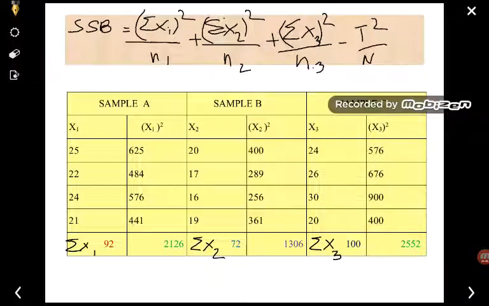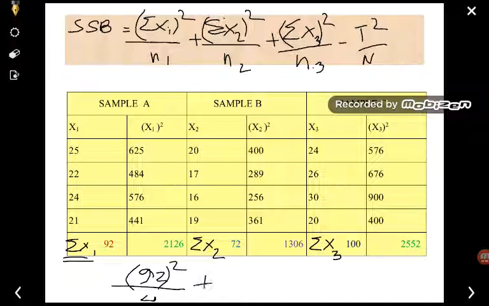According to the formula, SSB is the summation of x1 whole square divided by n1. Summation of x1 is 92, so 92 square divided by n1, the number of observations in sample 1, which is 4.